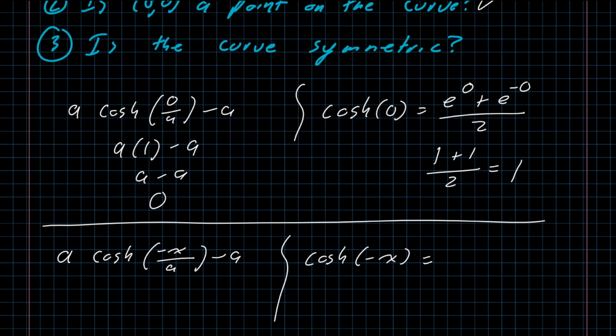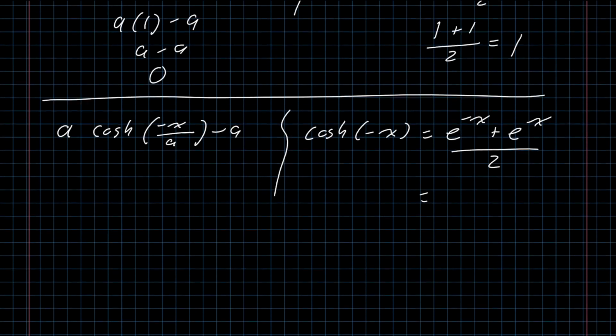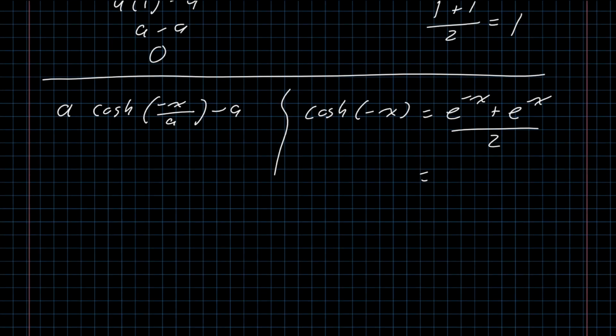Well, cosh of minus x would be e to the minus x plus e to the x, all over 2. And that has just changed the order of addition, but addition is commutative, so we can equally easily write this as e to the x plus e to the minus x over 2, which is just cosh of x.